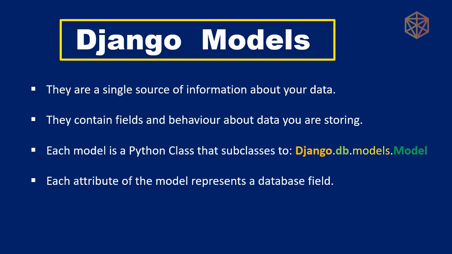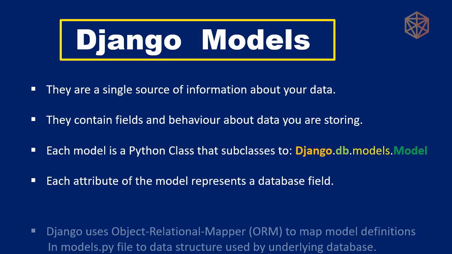Django uses an object relational mapper, which is also known as ORM, to map the model definitions inside your models.py file to the data structure that is used by the underlying database.